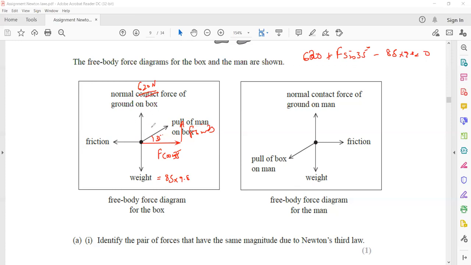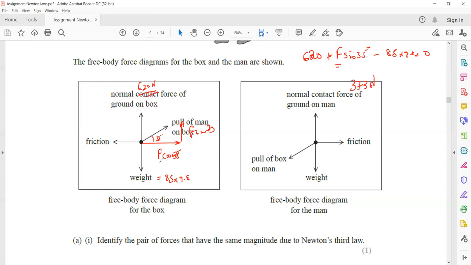Why 0? Because in the vertical plane, there is no acceleration. So if there is no acceleration, the resultant force on the object will be 0. So this will give us the value of F as 373 Newton.